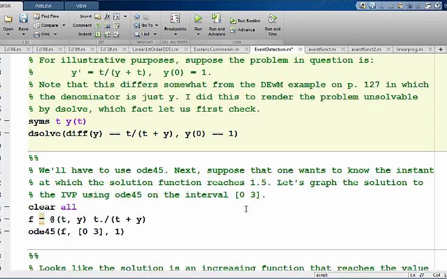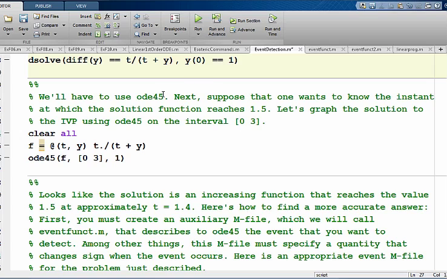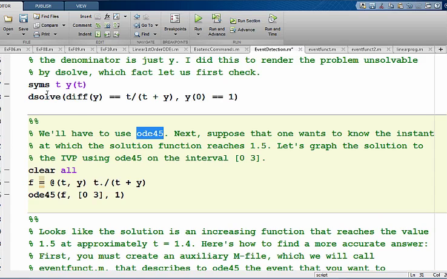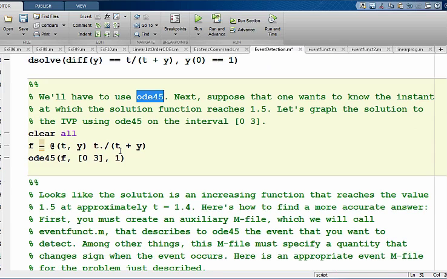We use, of course, ODE45, our numerical solver in this course. And let's suppose that the question that we have in mind is, what's the moment at which the solution function reaches the height 1.5? Okay, so let's graph the solution to the IVP using ODE45 on the interval 0, 3. So I clear the variables because I set y and t to be symbolic up here, so I want to do away with that.